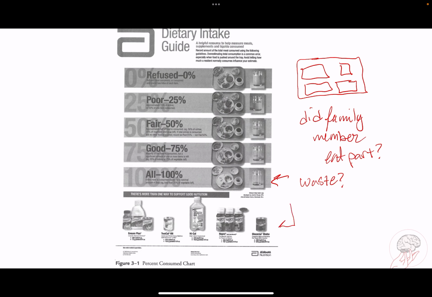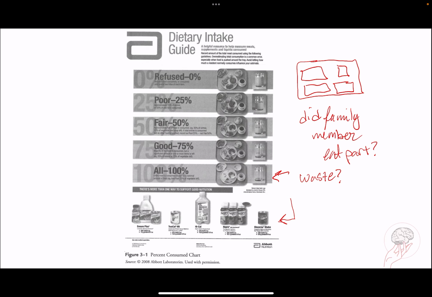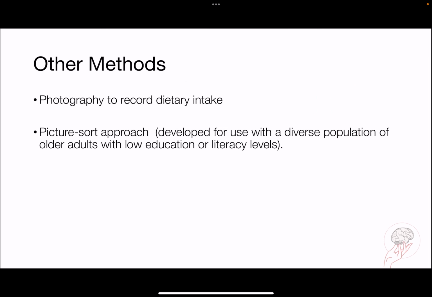You also may need to consider if they have had like an Ensure or a Glucerna. So other methods that are developing are photography to record dietary intake. This is getting better with the advent of better AI, but still not that great.